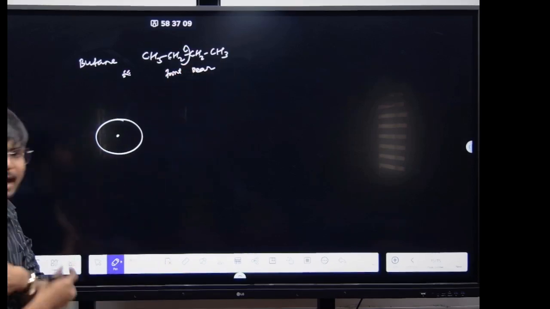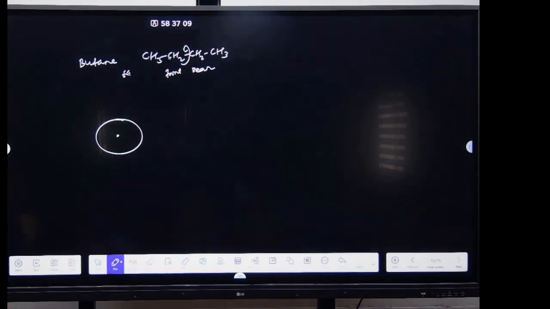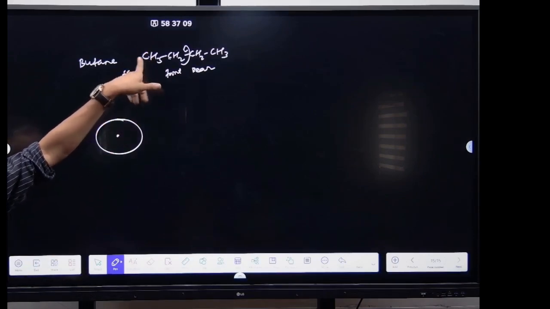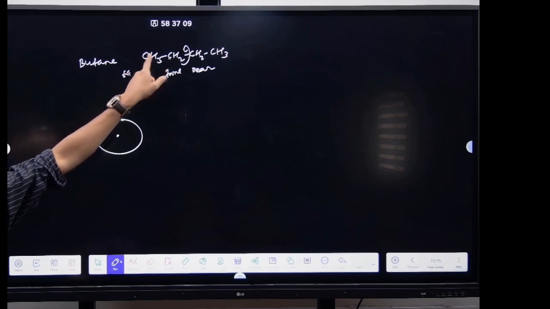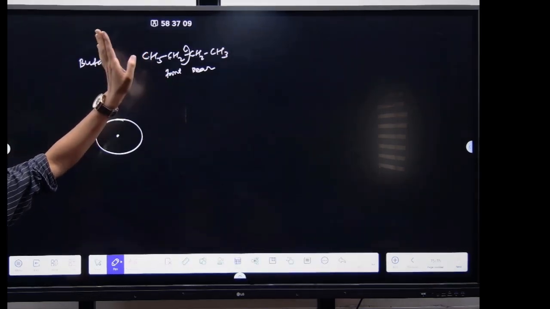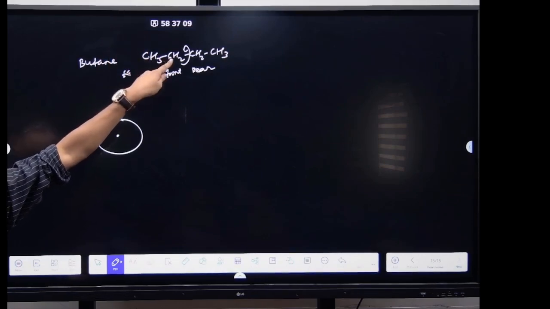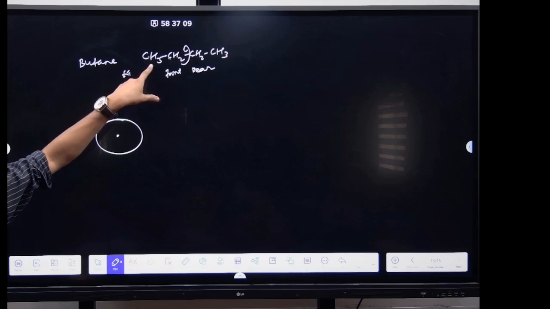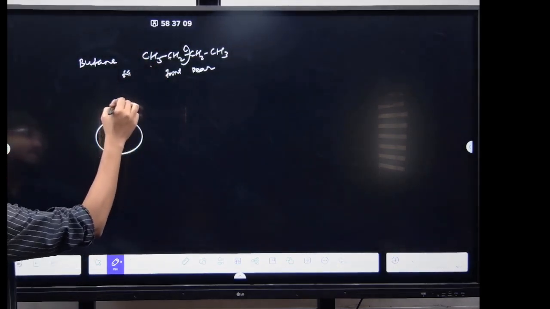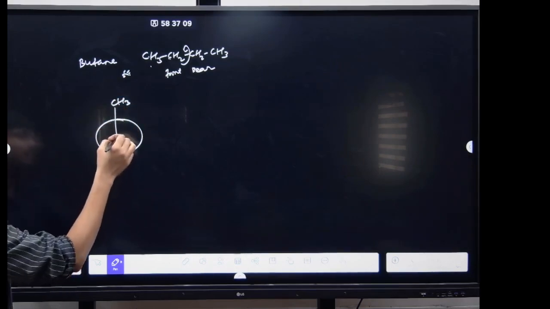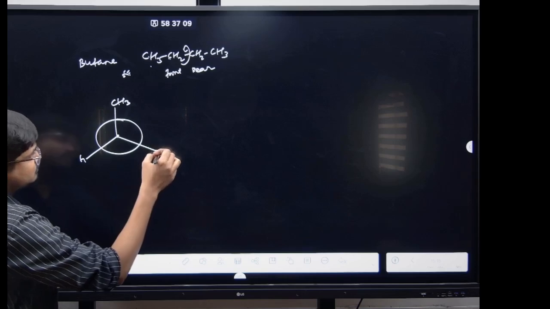Right? Rear means the back one. Got it? Now this front carbon is attached with the methyl one, right? This front carbon has two hydrogens attached and one methyl attached. Now you have CH3, and you will have the hydrogen and the hydrogen.